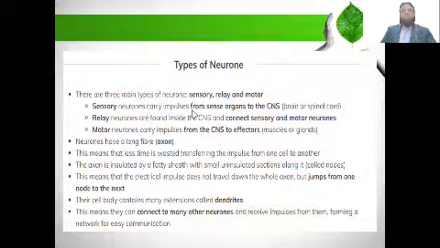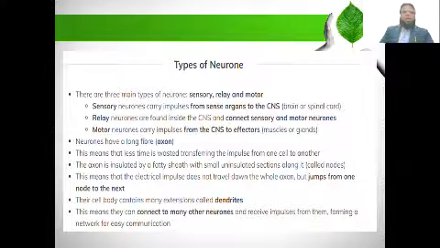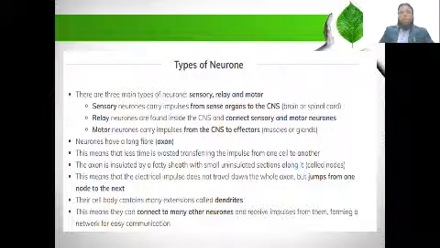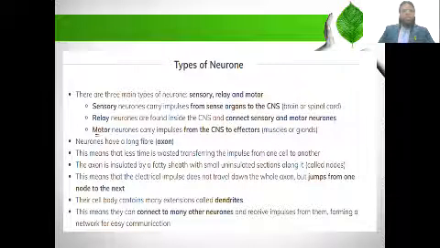Sensory neurons carry impulses from sense organs to the CNS, and the relay neurons are found inside the CNS, specifically in the spinal cord, which connects sensory neurons to the motor neurons.